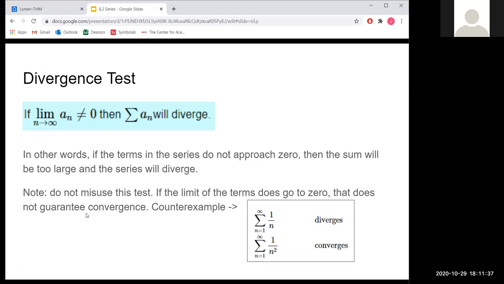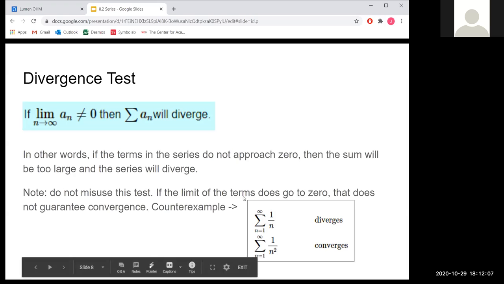There is a note down here that says, do not misuse this test. If the limit of the terms does go to 0, that does not guarantee convergence. That's a mistake that a lot of students tend to make. They just assume that if a limit does go to 0, then that means convergence. That's the opposite of the statement, and the answer is no, because there are examples where the limit does go to 0, but the series can still converge or diverge.